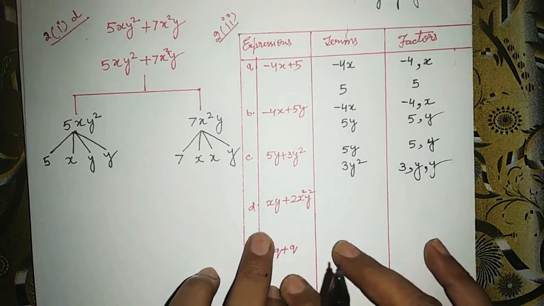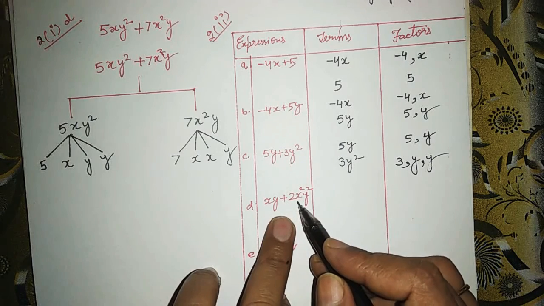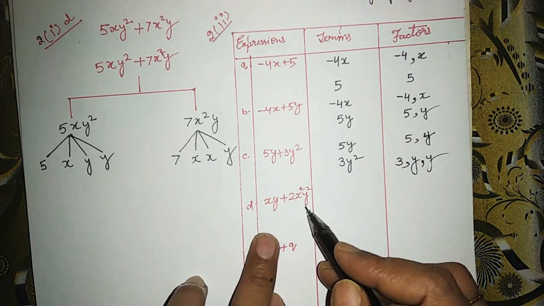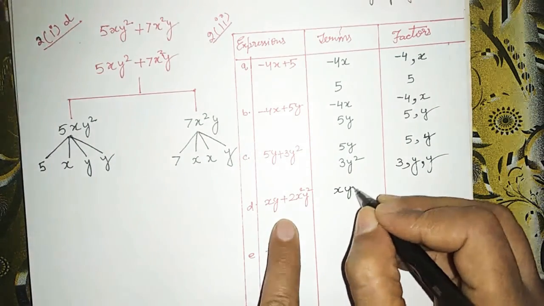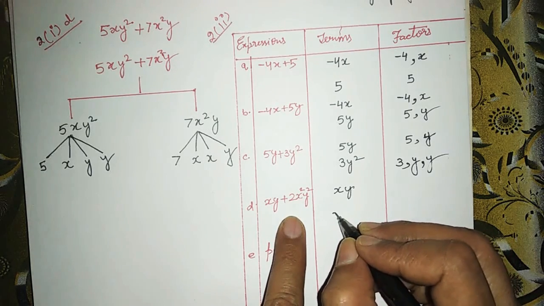Now come on, D part: xy plus 2x square y square. Here also we can see only 2 terms. Here xy and the second term is 2x square y square.